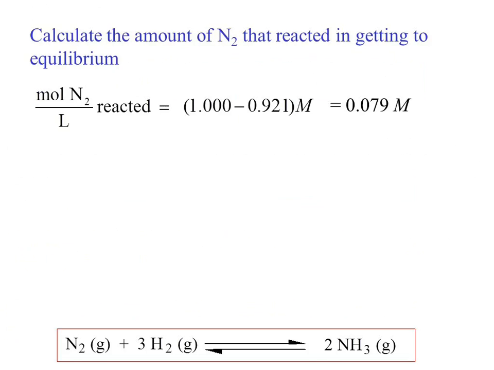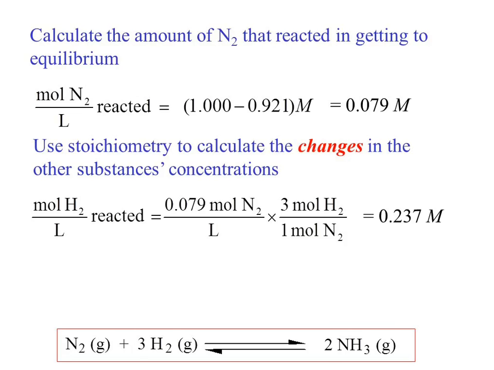Okay, so this isn't worked out with an ice chart, but it kind of talks you through stoichiometry, talks you through the same thing. Okay, so that's the change. The change in the nitrogen concentration given that equilibrium concentration was 0.079. This actually is coming up with what would be the change in the concentration of the H2.